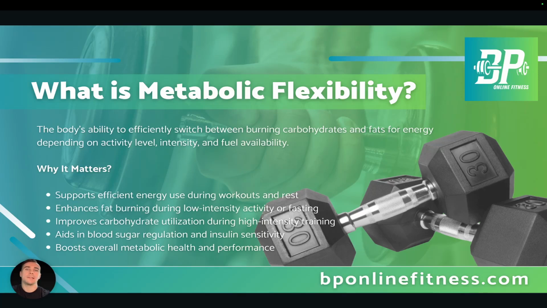So, why does this matter in particular? This helps to support efficient energy in the body and helps to use that more during workouts as well as at rest. This also helps to enhance fat burning during low intensity activity or fasting.